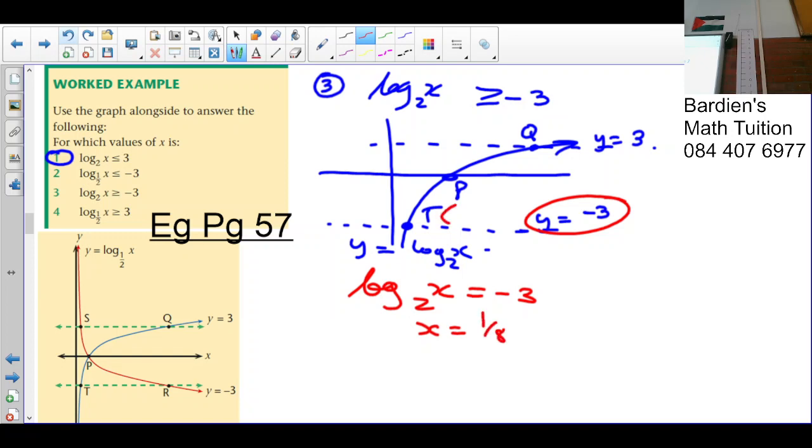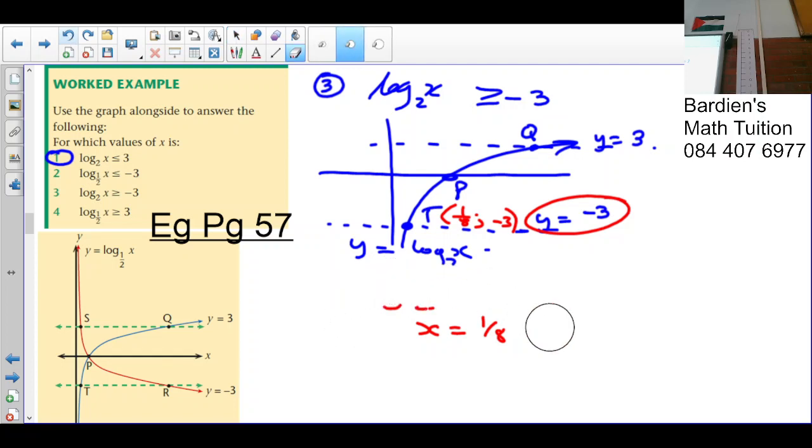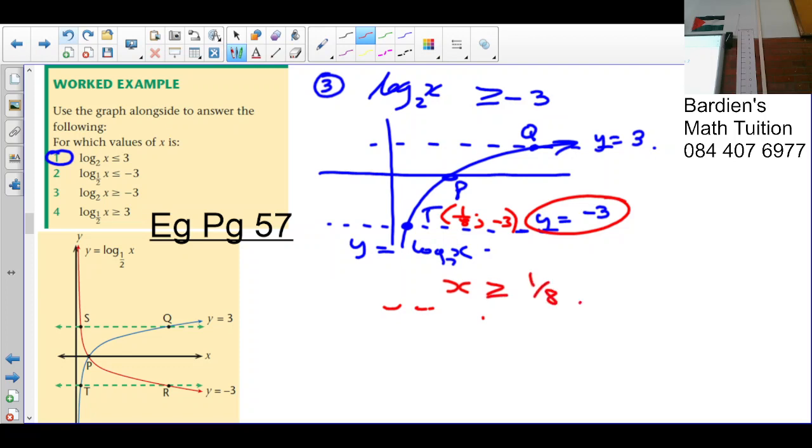So T's coordinate, if needed, is 1 over 8 and negative 3. Now write the inequality. What will the inequality be? X is greater than or equal to 1 over 8.